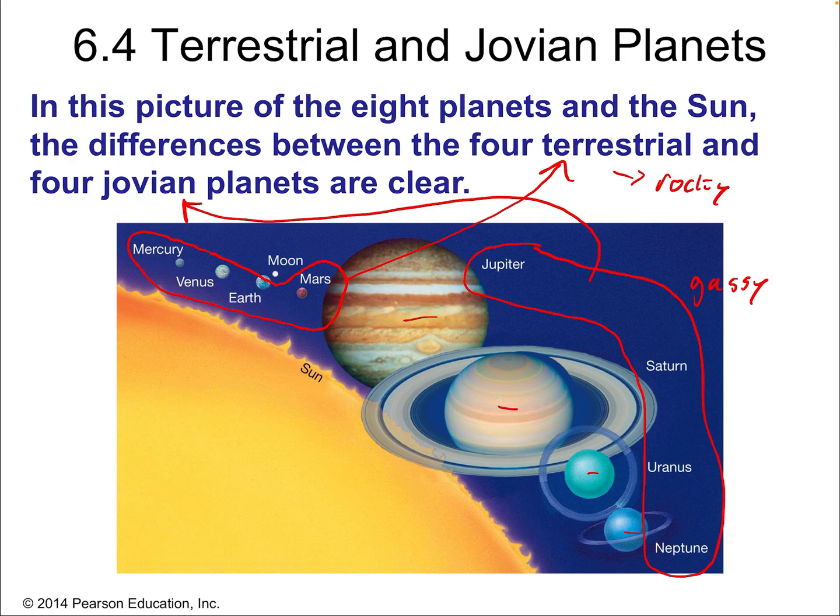The terrestrial planets are smaller, denser, and rocky. We live on one of the terrestrial planets. Also notice how massive the sun is. All of the planets pale in comparison to the size of the sun. Jupiter is the closest, an appreciable fraction of the size of the sun, but it's still much, much smaller.